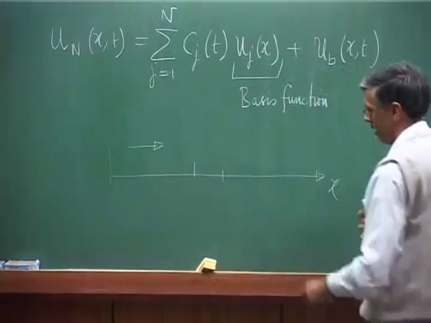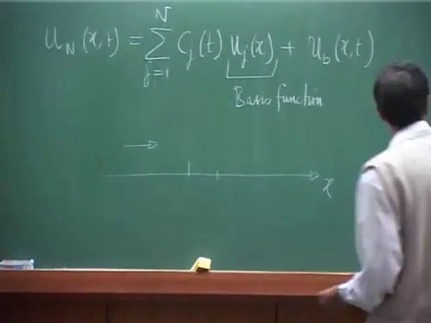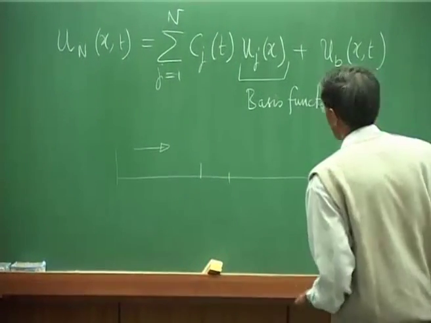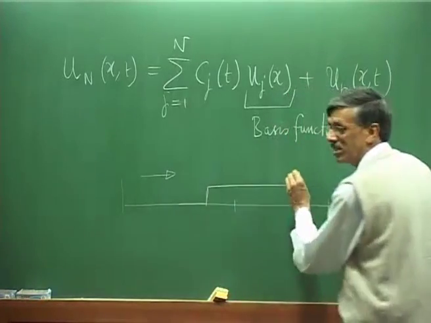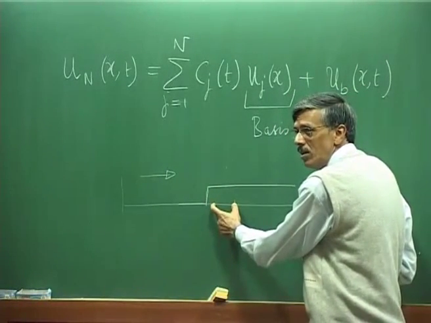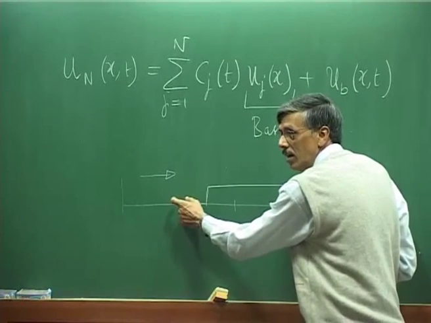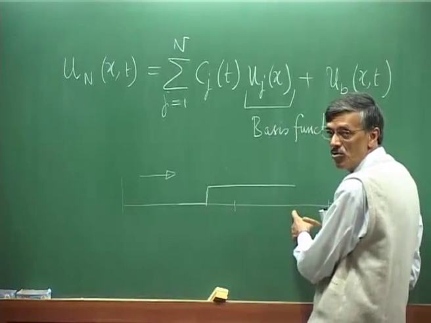So there is a distinct bias of the solution. What is suggested in this FCBI is that you take the weights to be like a step function, so that this element is not going to affect this one, but this element can affect the downstream element.